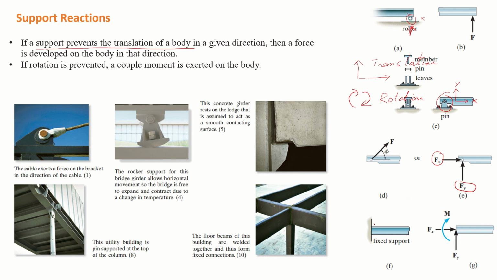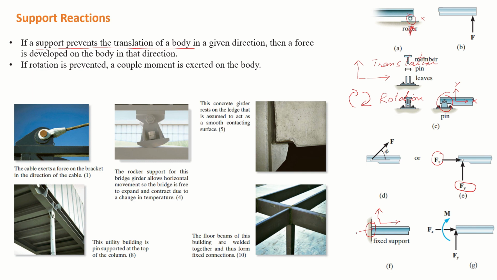Then we will examine a third type of support, which is a fixed support. So in this case, the beam is fixed at this point. Either it is welded at this point or it's cemented at this point. So now the beam cannot move in X, it cannot move in the Y. So we have placed two forces at this support.